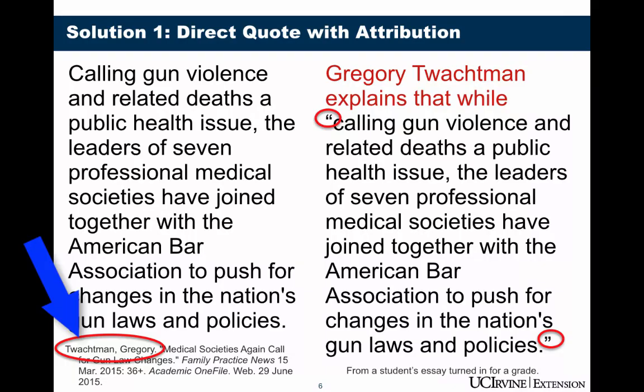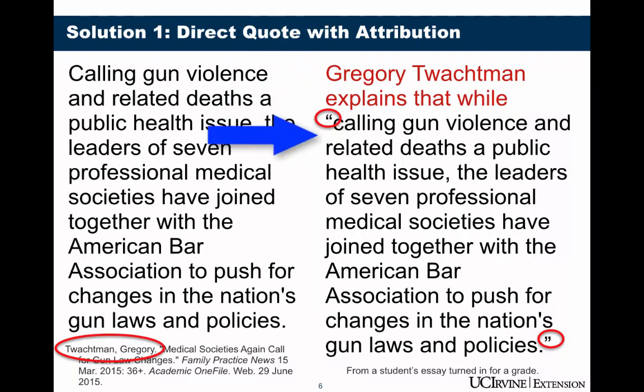Gregory Twachman is the author of those words on the left. So when the student uses this information in his essay, he chooses here to use attribution. Attribution just means using the author's name in the sentence, or saying where the source comes from.